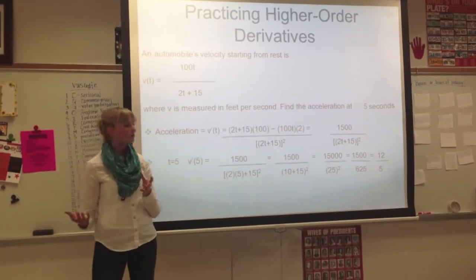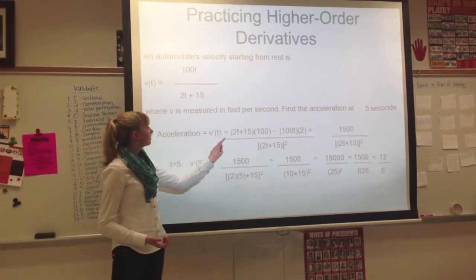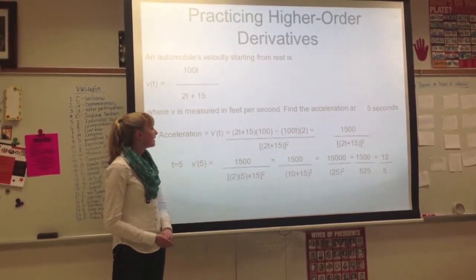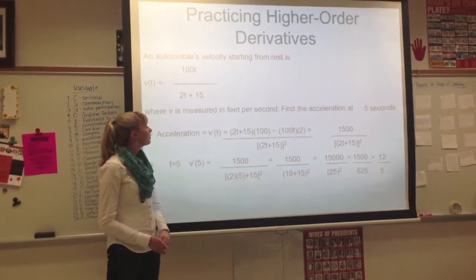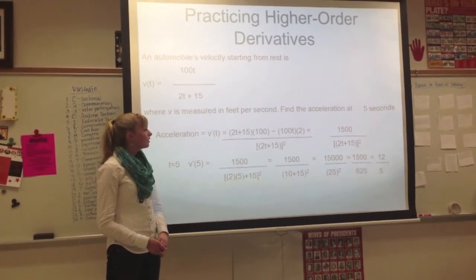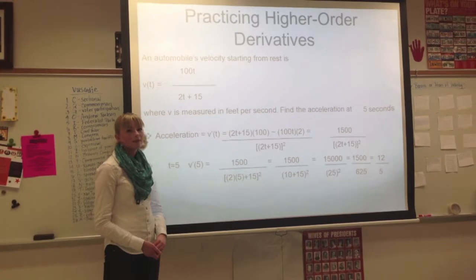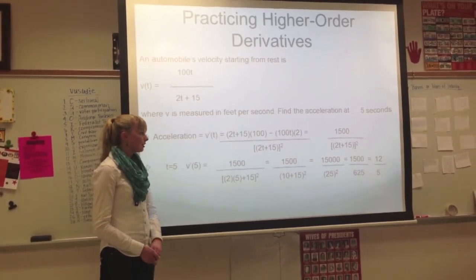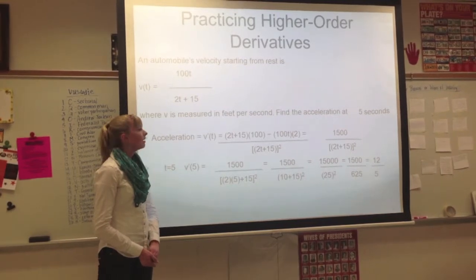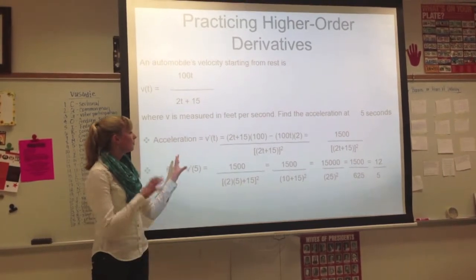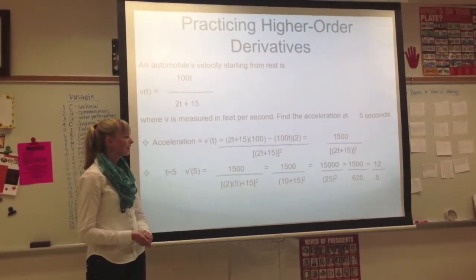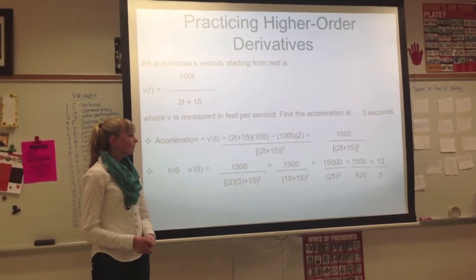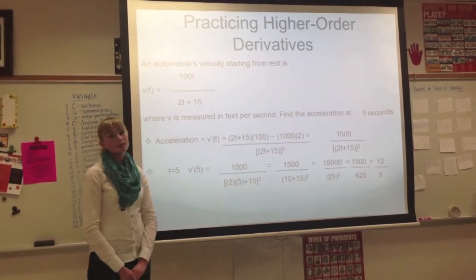So you have to use quotient rule, and you have your denominator 2t plus 15 times the derivative of your numerator, which is 100, minus your numerator 100t times the derivative of your denominator, which is 2, all over your denominator squared, which is 2t plus 15 squared. And once you multiply all that and combine like terms in your numerator, you get 1500 over 2t plus 15 squared.